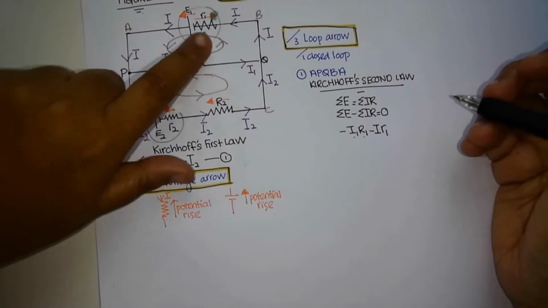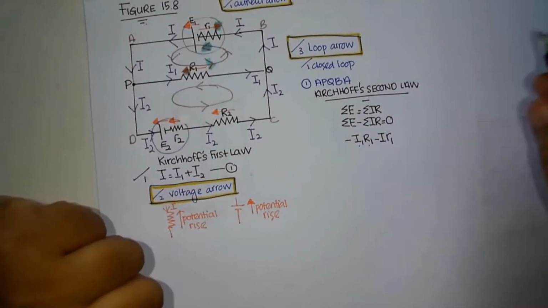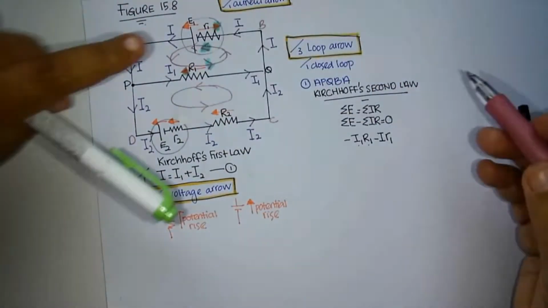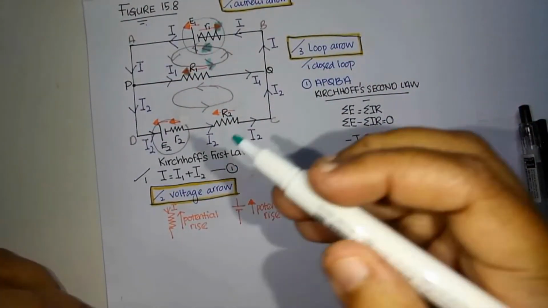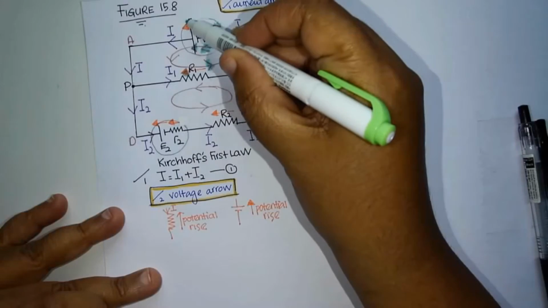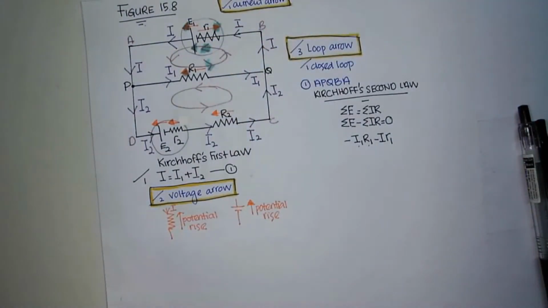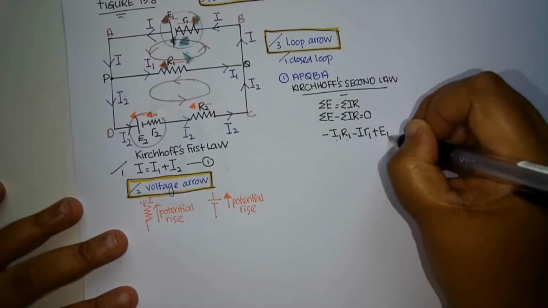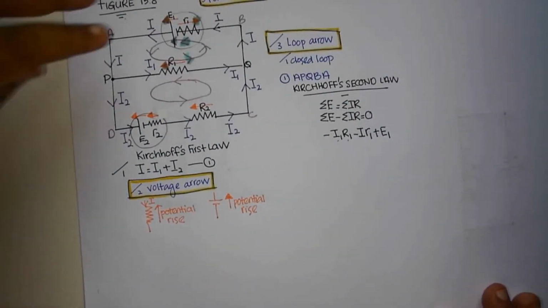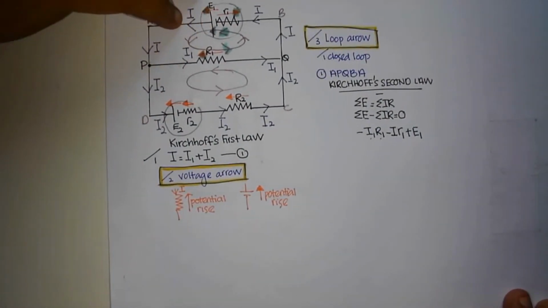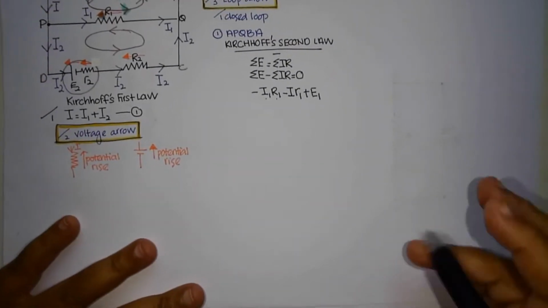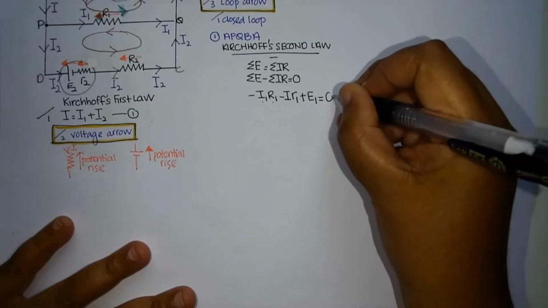And then we have an EMF there. The loop arrow follows the voltage arrow, so it becomes positive E1. Then we come back to point A. That's it. So therefore it equals 0.